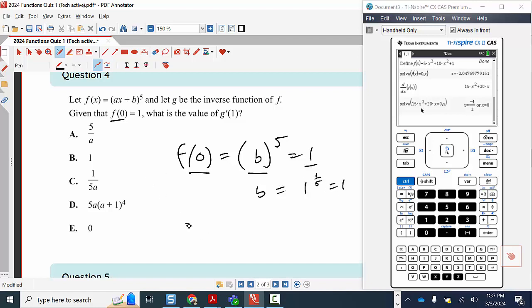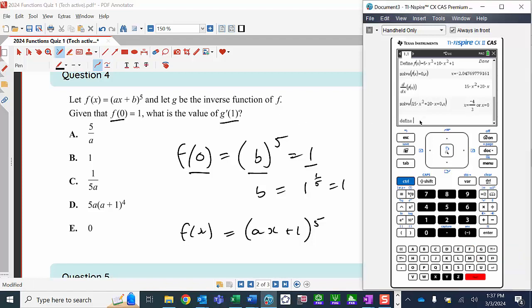Okay, so our function is f of x equals (ax plus 1) to the 5. So I think what we'll do is we'll get the inverse function, derive the inverse function, and then just do g dash 1. Okay, so define f of x equals a times (x plus 1) to the 5. So same, we'll do solve f of y equals x for y.